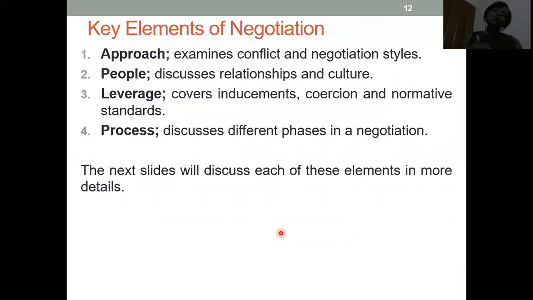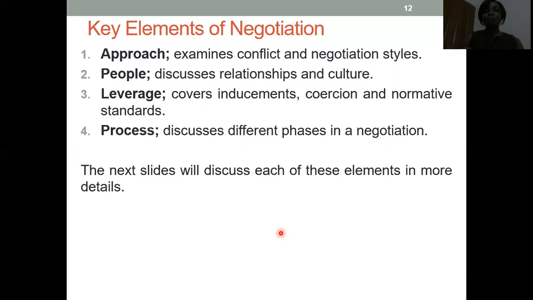And then we're also going to discuss people. The element of people looks at relationships and culture. Culture and relationships play a big role. Earlier on, we mentioned relationships over and over, because relationships play a key role in negotiation. How do you relate to the other person?